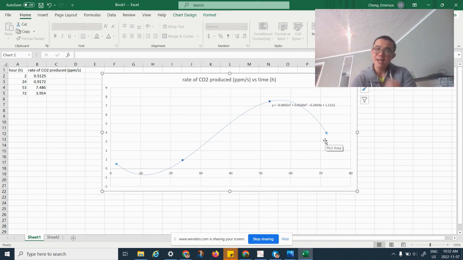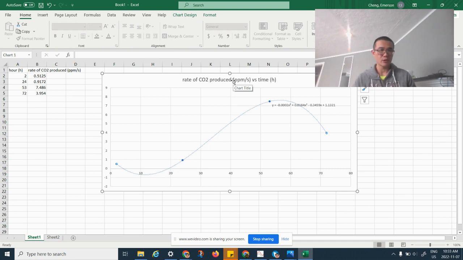Your experiment might be a little different. Instead of doing CO2 production at how many days or how much time after you start exposing it to water, you might be doing some other things. I'm using CO2 produced, and as you see from my first video, you can also use O2 being used up, because keep in mind it is an experiment measuring the rate of cellular respiration.